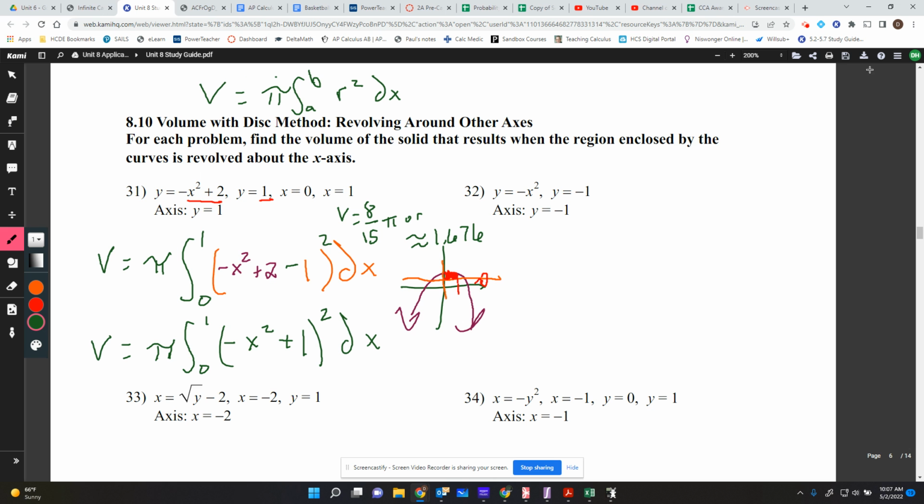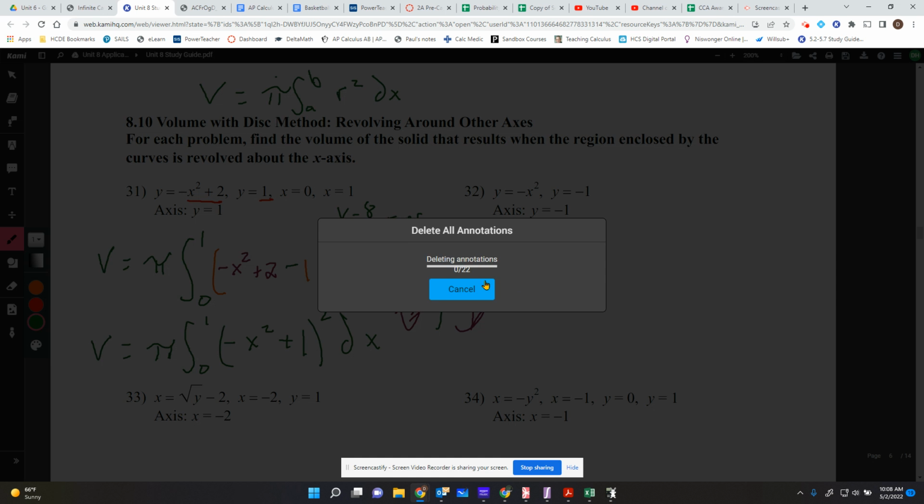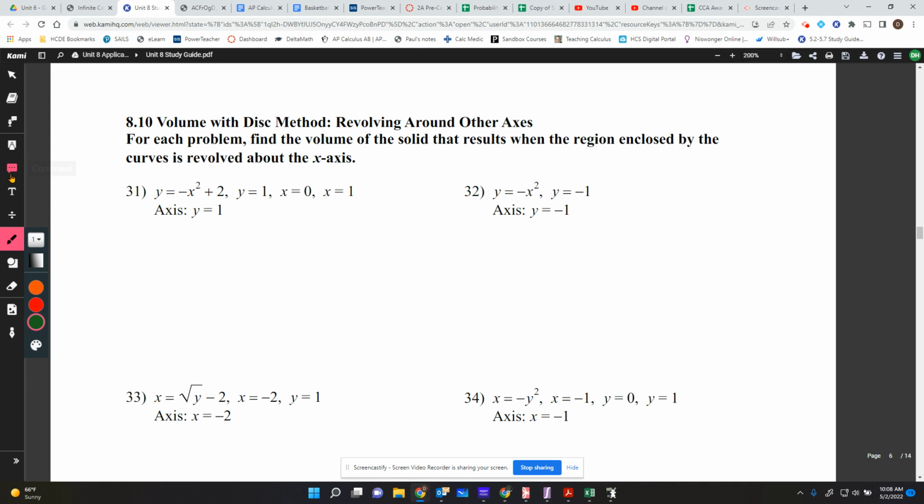All right, clear that off. Now our next one is going to be very similar. It always helps if you want to draw a little graph. So negative x squared, it's just going to be like this. And it wants us to also draw the line y equals -1.